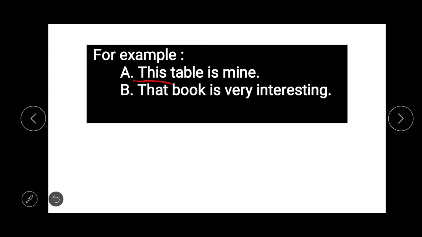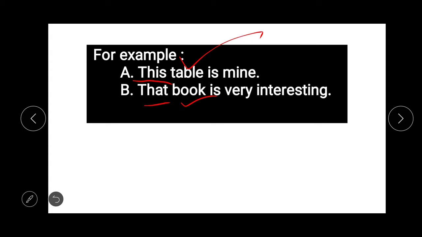And in the second example, that book is very interesting, here the word that. They modify the words table and book. The word this is modifying table and the word that is modifying book.